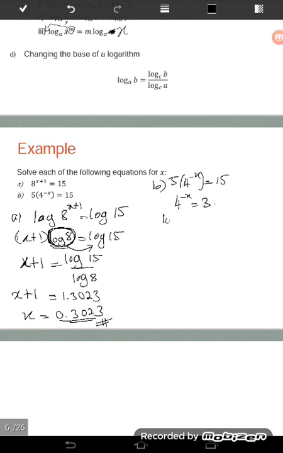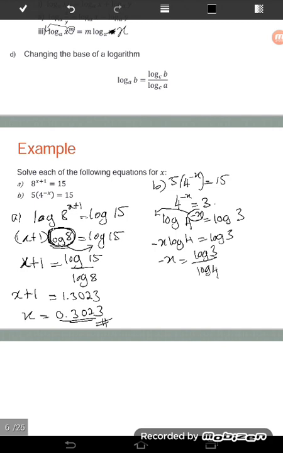And then after that, taking log on both sides, and from the properties of log, this power of negative x you can bring in front. So you will have negative x log 4 equal to log 3, and then negative x is equal to log 3 divided by log 4, which is equal to 0.7925.